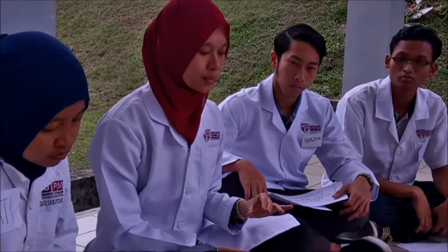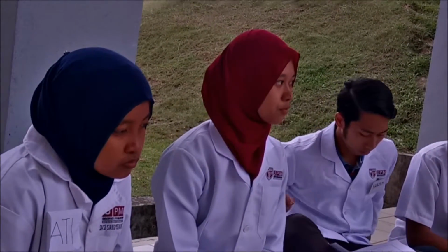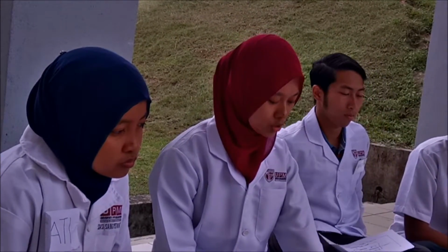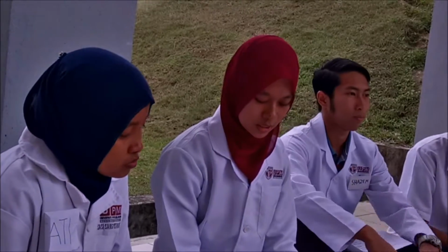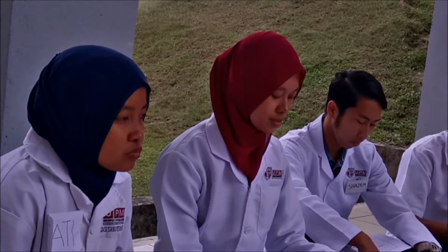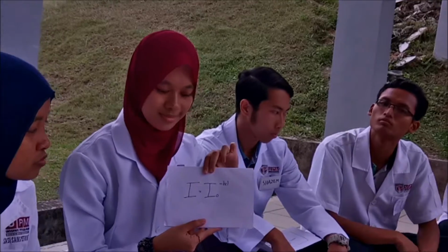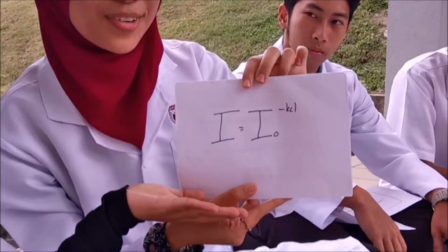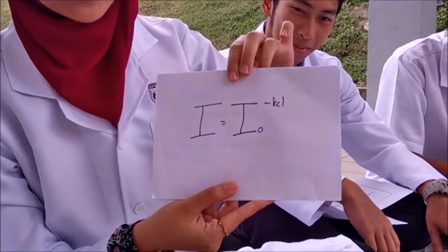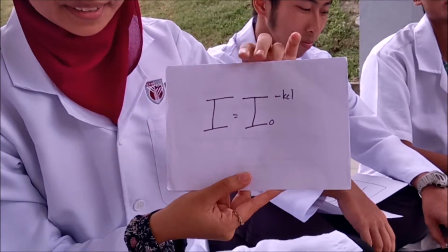Monochromatic light is light with a specific wavelength. When this monochromatic light passes through a solution, there is usually a quantitative relationship we refer to as Beer's law between the solute concentration and the intensity of transmitted light, which is I equals I sub 0 to the power of negative KCl.